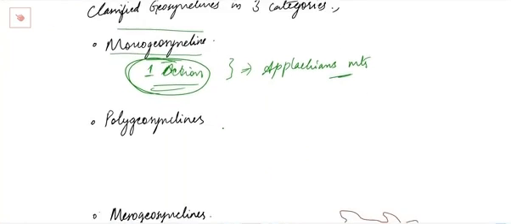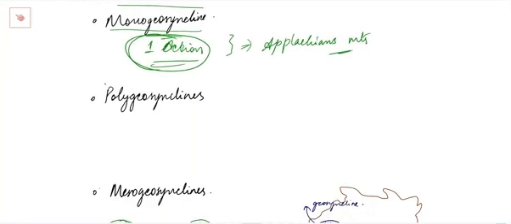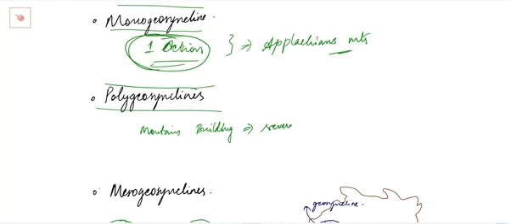So this is the monogeosyncline, and then we'll see the polygeosyncline. Polygeosyncline is a similar thing, but here the formation of mountain or mountain building took place by several phases or several actions. Mountain building took place by more than two phases in polygeosynclines.